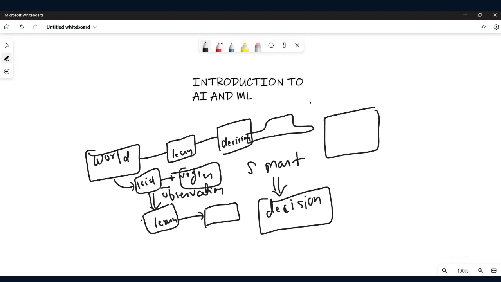So this observation actually made the kid smarter.